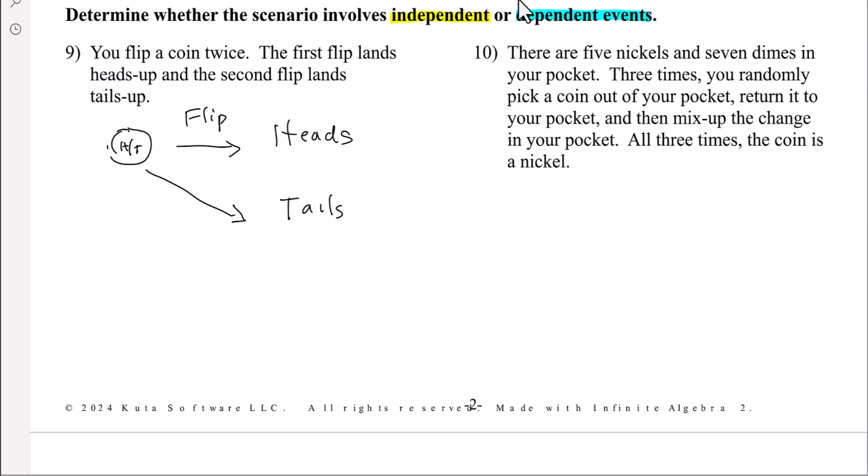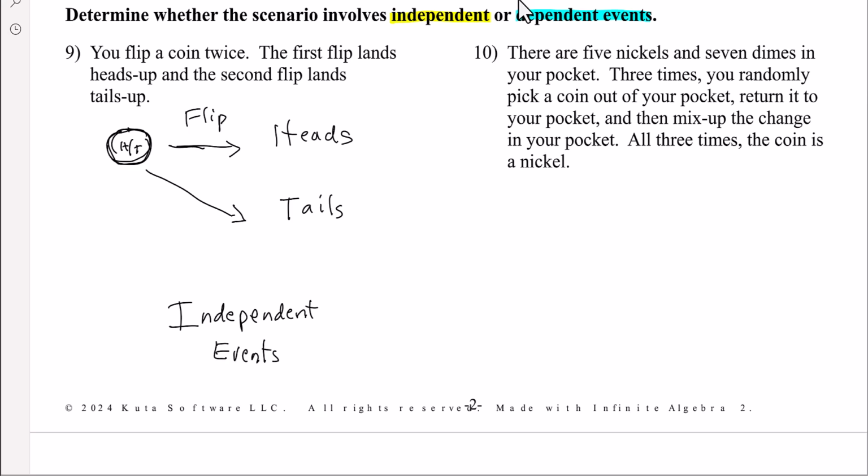Well, because those are two separate things, and flipping a coin has no bearing on flipping a coin a second time, these would be considered independent events. One flipping of the coin does not impact the other flipping of a coin. So these would be called independent events.